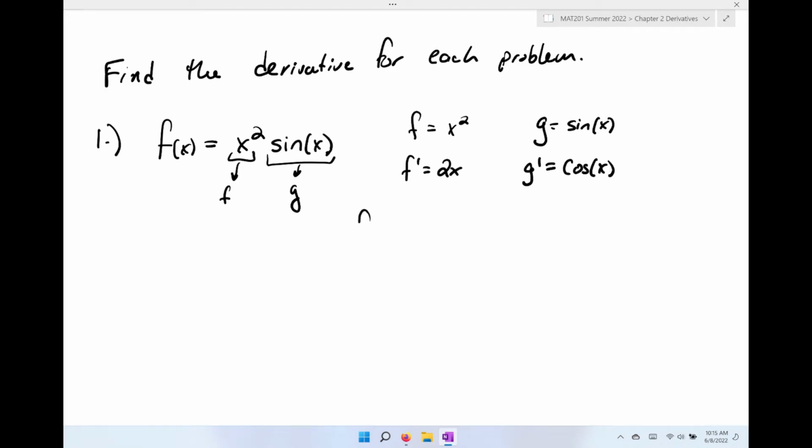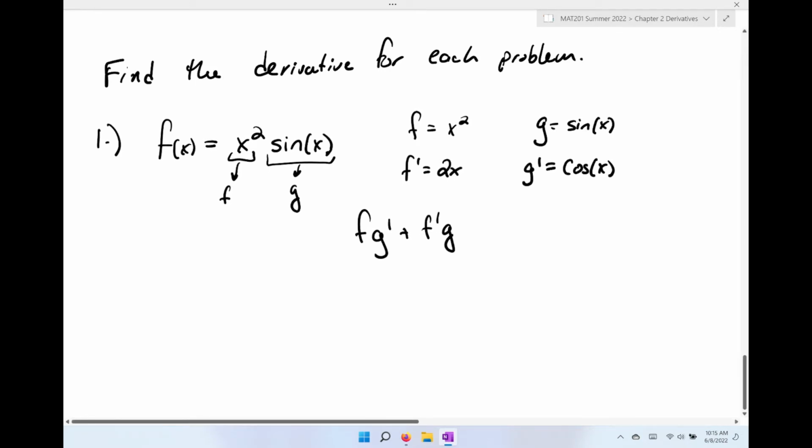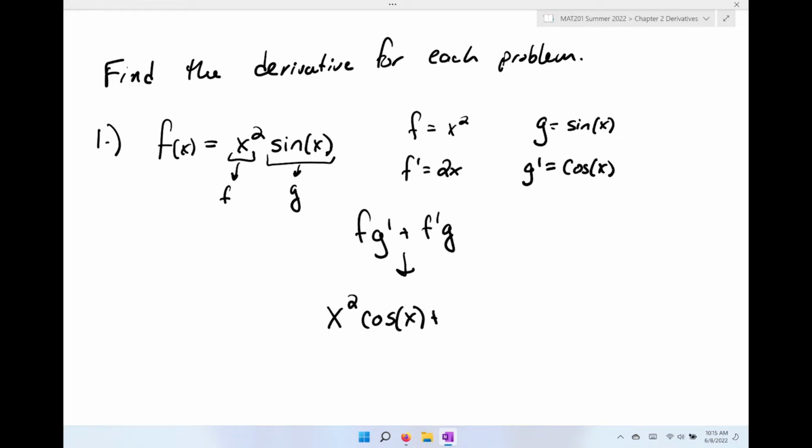So we got f prime g plus f g prime. So all I'm going to do is just come directly underneath and make my substitutions. F is x squared. G prime is cosine x. Plus f prime is 2x times g is sine x. So there's our first derivative there.